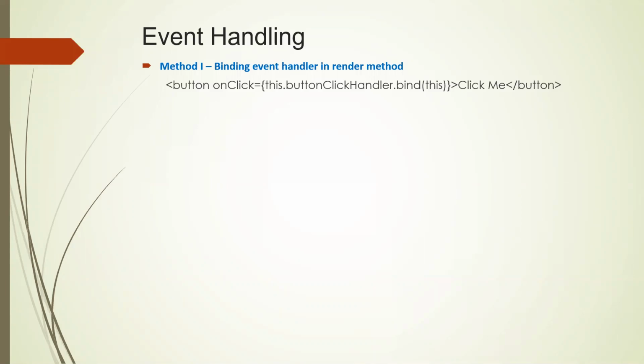So when it comes to event handling in React.js, as I mentioned even in the last session, we can bind the event handlers to events in four ways. React.js is suggesting one way, but there are two good ways.